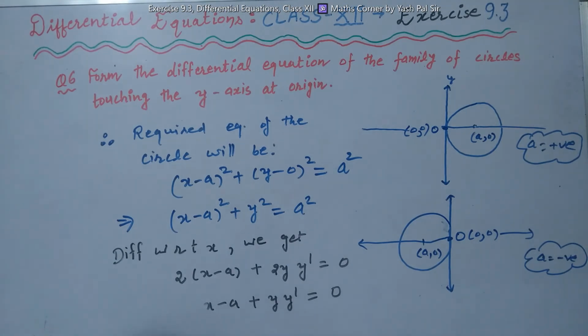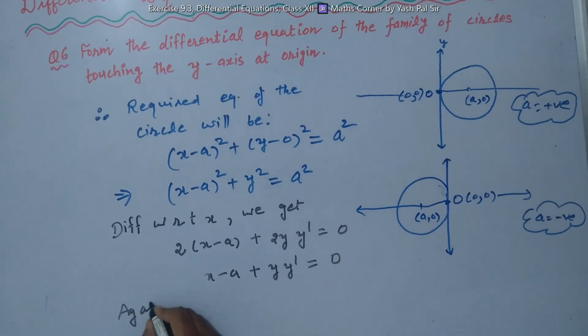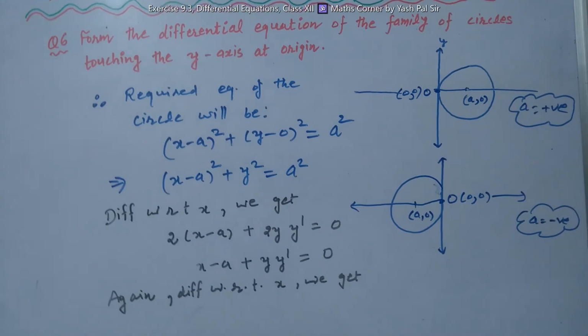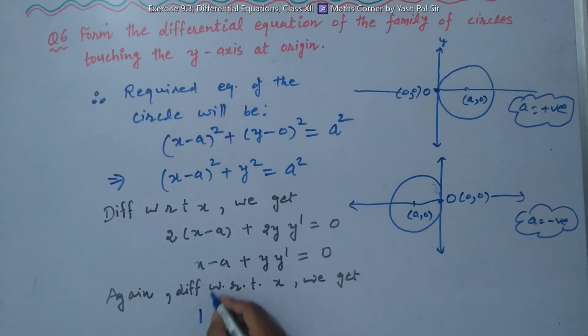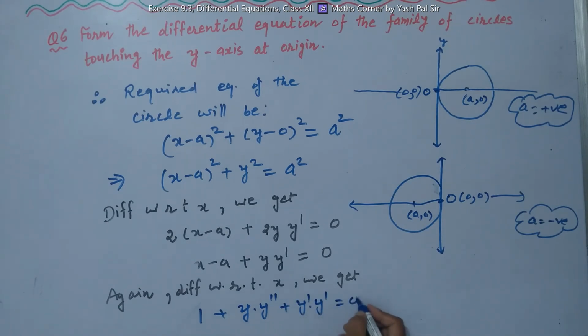Again differentiating with respect to x, we get, the derivative of x is 1, the derivative of minus a is 0, so here product rule, y into y double dash plus y dash into y dash is equal to 0.